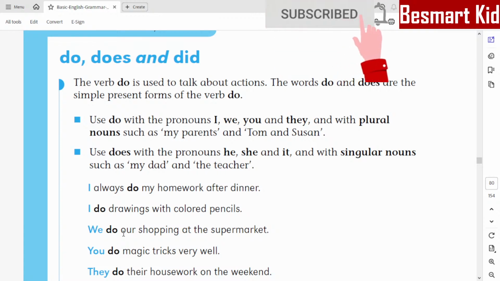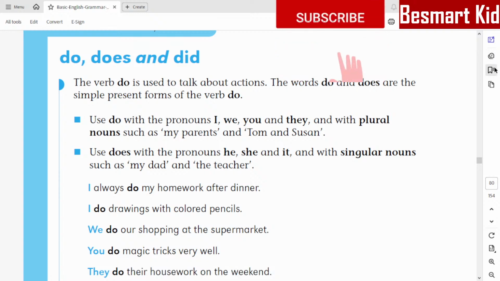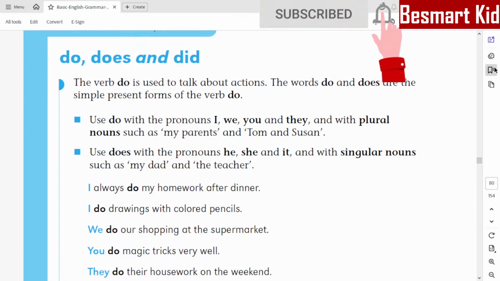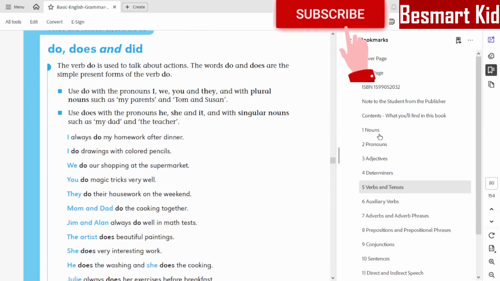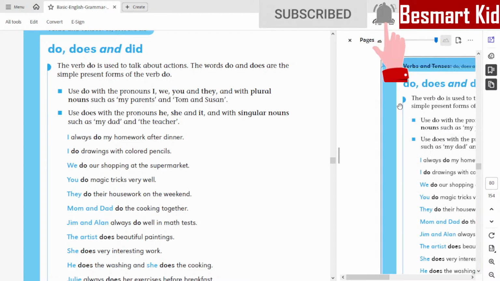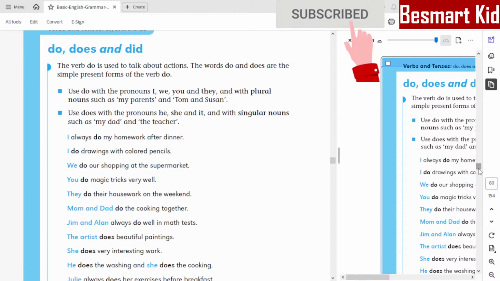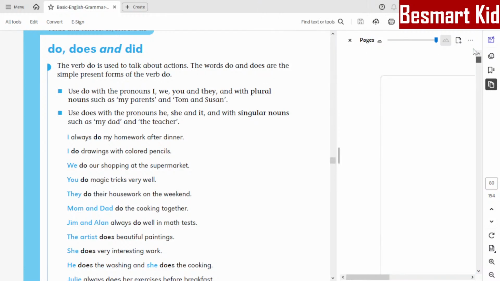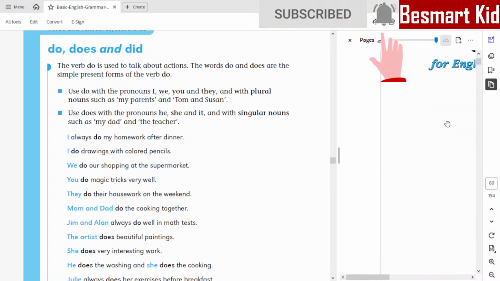Now we have do, does, and did. The verb do is used to talk about actions.